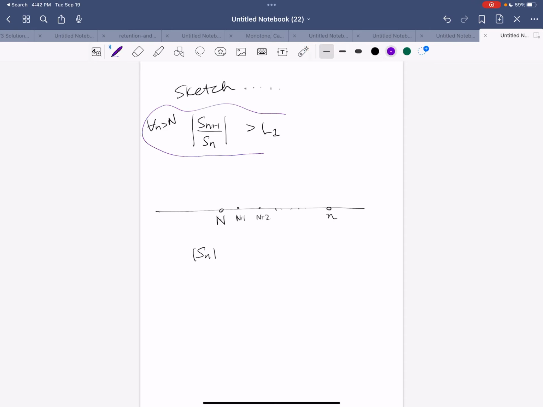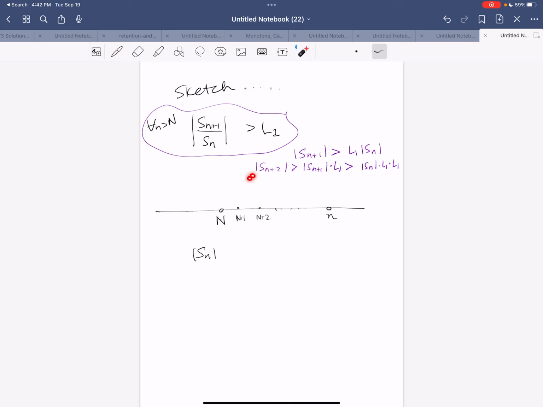If I look at this, the absolute value of S_{N+1} is bigger than L1 times the absolute value of S_N, right? So the absolute value of S_{N+2} is bigger than the absolute value of S_{N+1} times L1. But the absolute value of S_{N+1} is bigger than L1 times the absolute value of S_N, so that'll be bigger than the absolute value of S_N times L1 times L1.